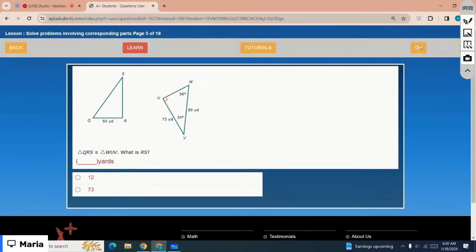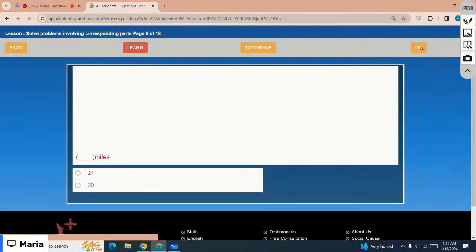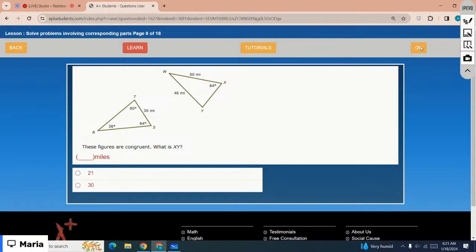Which is the correct option? Yes, the correct option is 73 yards, sorry, not degrees. These figures are congruent.